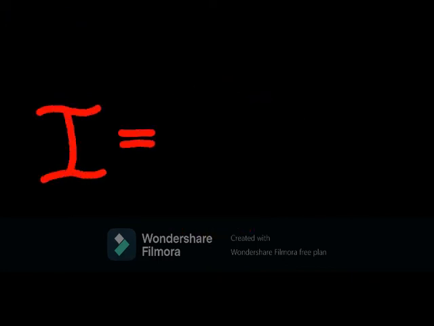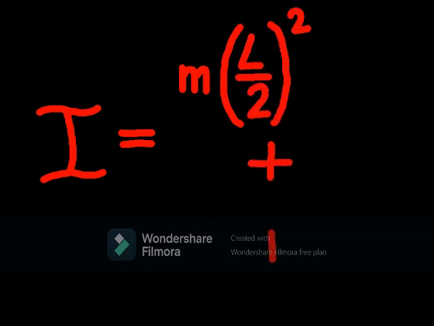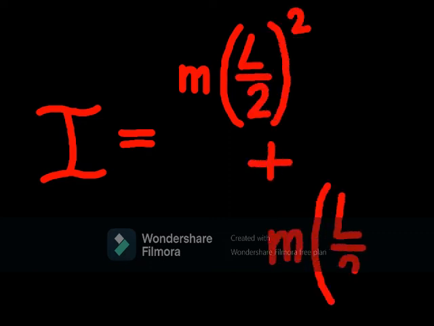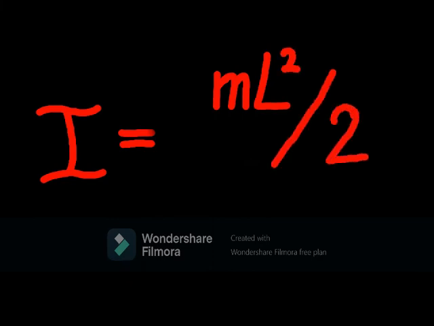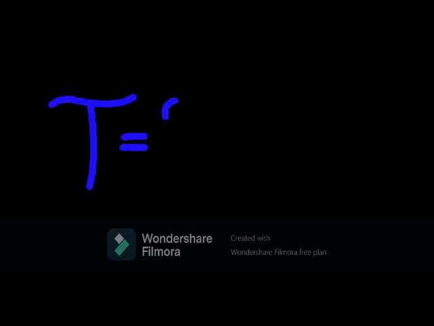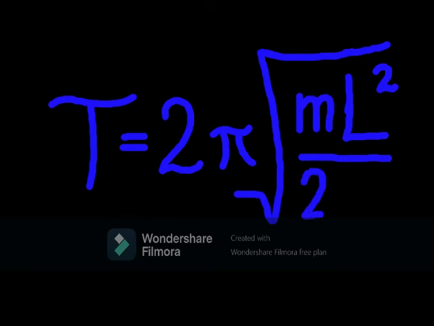I is basically equal to 2 times m times L by 2 whole square. This can be simplified further and written as m times L square divided by 2. Substituting all the necessary values, we get 2 pi times root over ml square divided by 2 kappa.